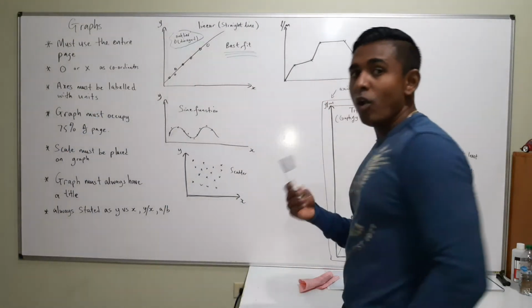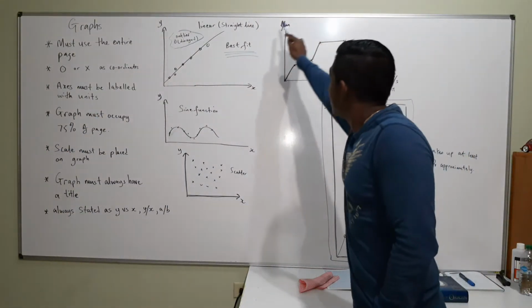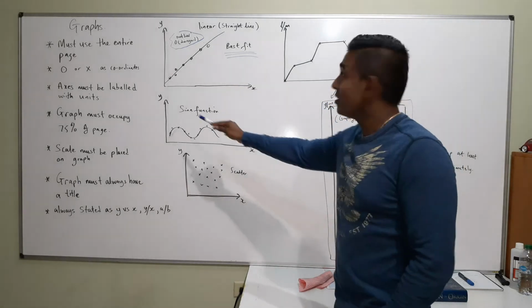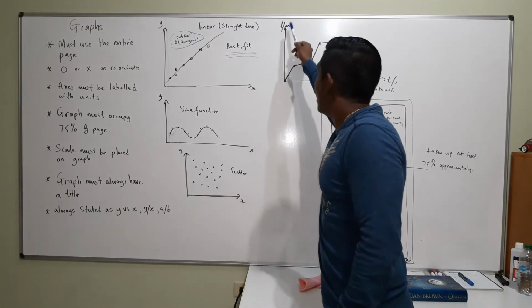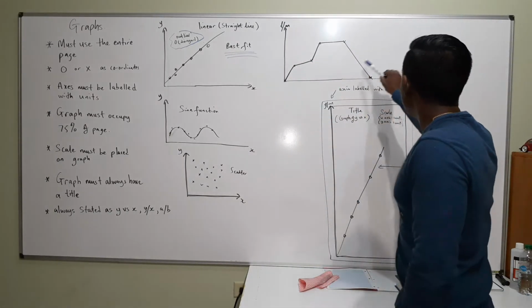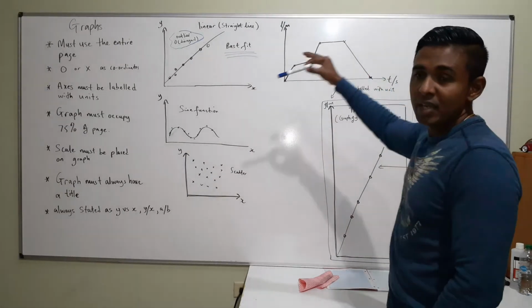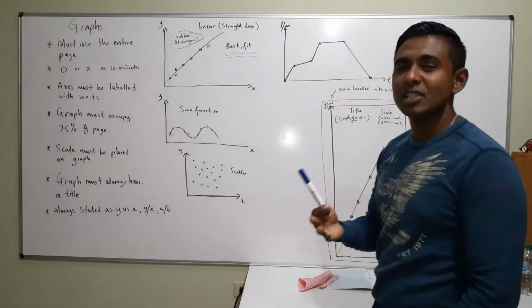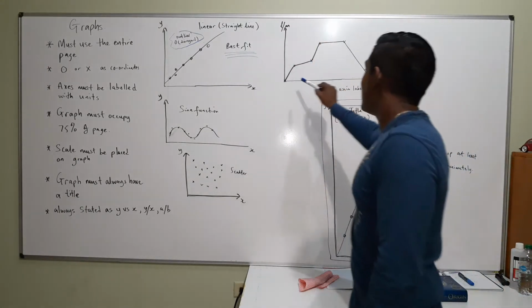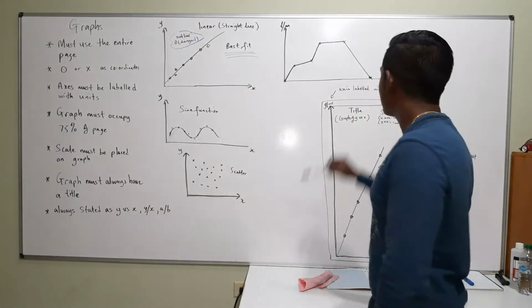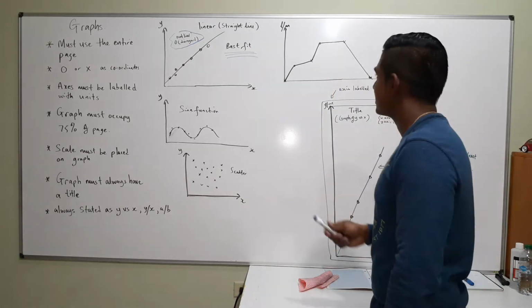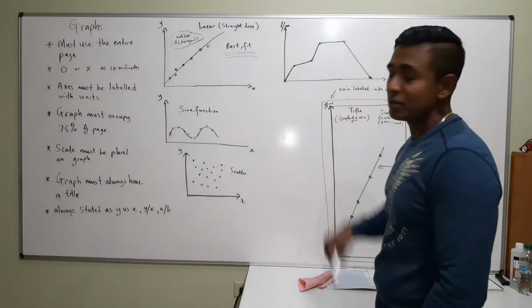Now, not always do we draw best fit lines. For example, let's say I'm plotting the distance traveled by a taxi versus the time it takes to go from Penal to Siparia and come back to its start point. So it makes a round trip and comes back.